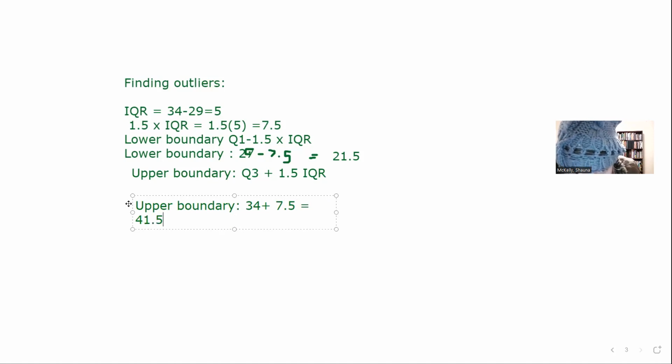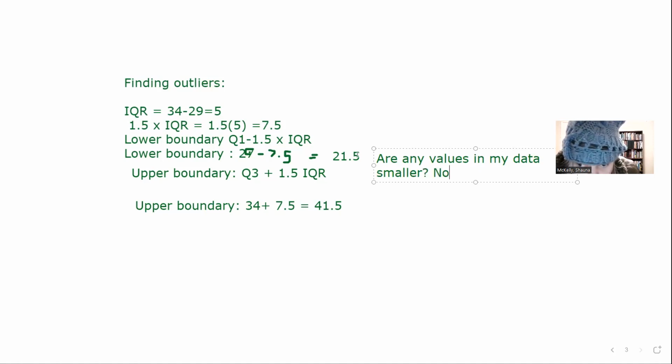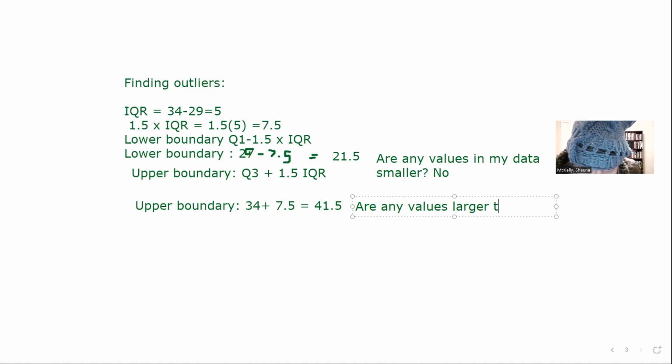That is going to equal 41.5 units. Now, as far as outliers go, do I have any data values? What I ask myself is, are any values in my data smaller than this lower boundary? The answer is no, because my minimum was 27.